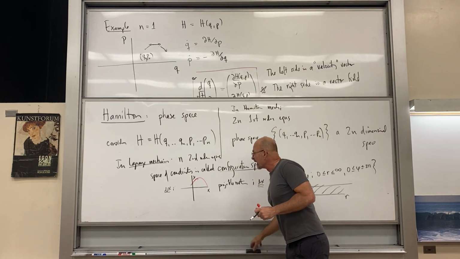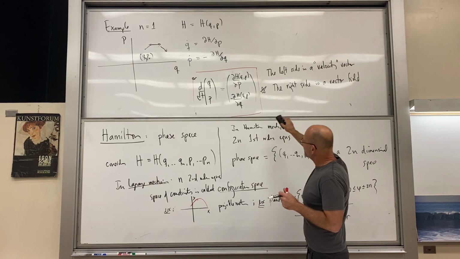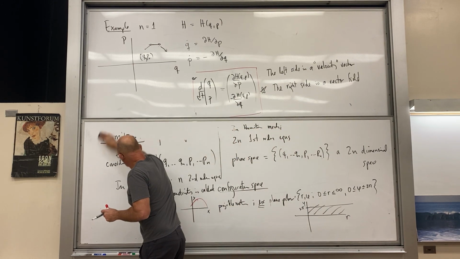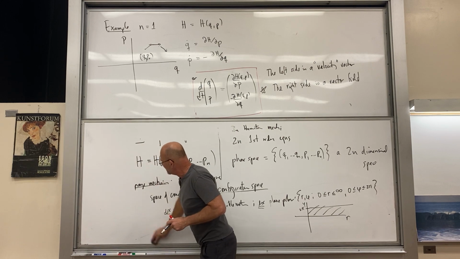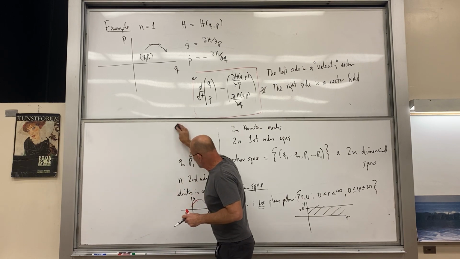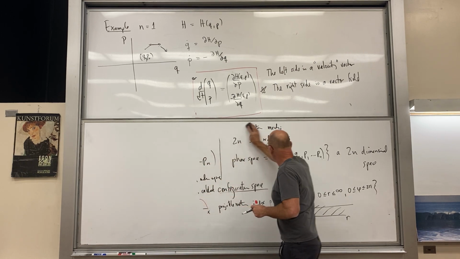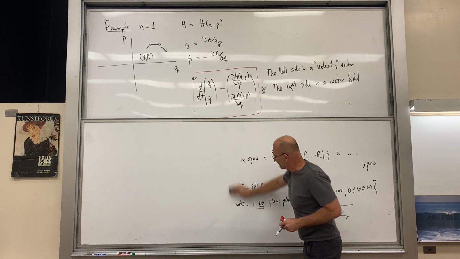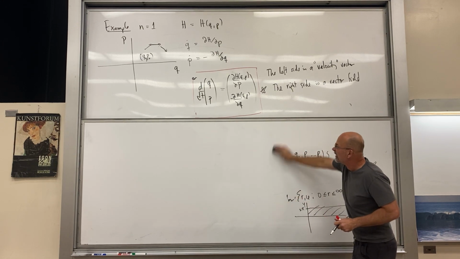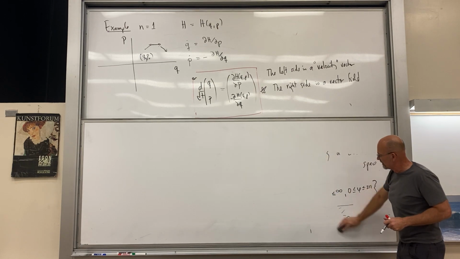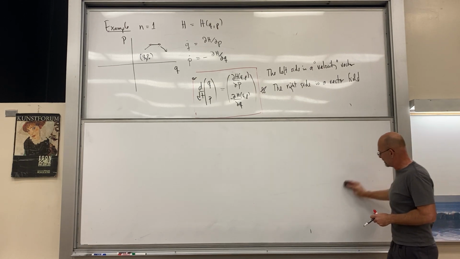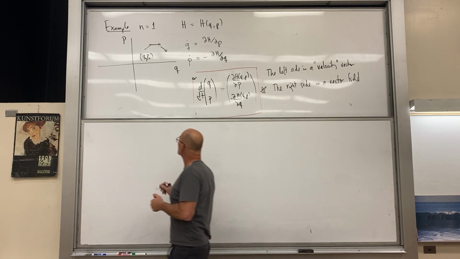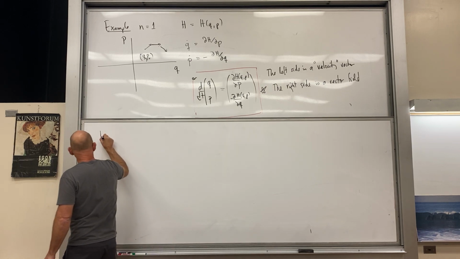Okay, so our example of what I have up here is going to be the harmonic oscillator. That's one that we can completely understand and see all of its features. Okay, so harmonic oscillator as an example.